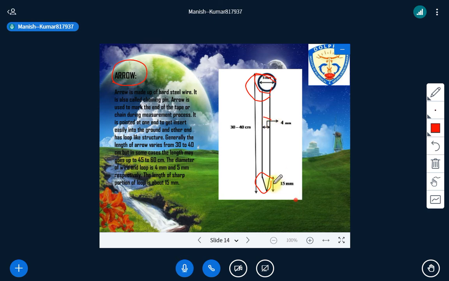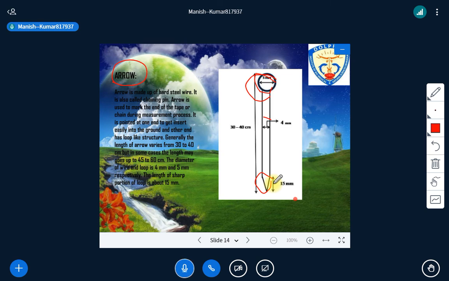It has a sharp end so that we can easily insert it into the ground. Why are we using that? The purpose is to mark a point when you are doing chain survey, or to mark the end of the chain during the measurement process. It is also called a chaining pin.